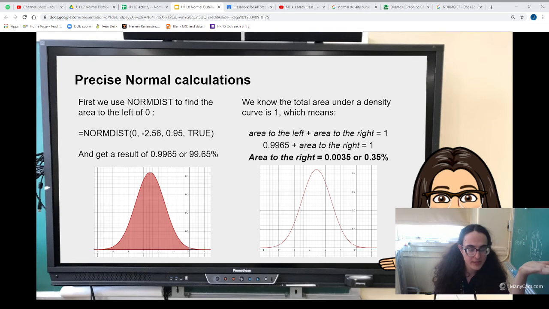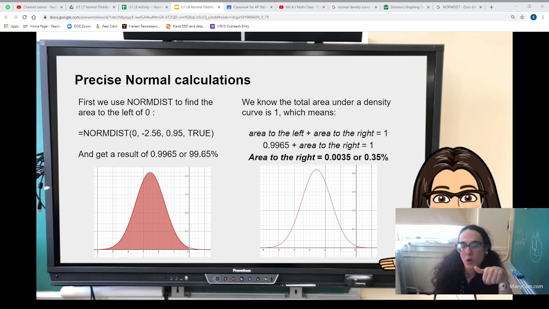When I put this into Google Sheets, the answer it gives me is 0.9965. So we can think of that as meaning this area represents 99.65% of the total area, which makes sense, right? This looks like almost 100%. There's just this very, very tiny little thing that's not included.